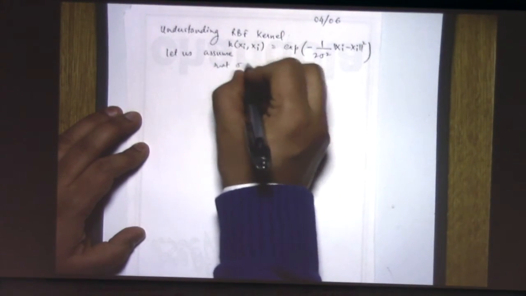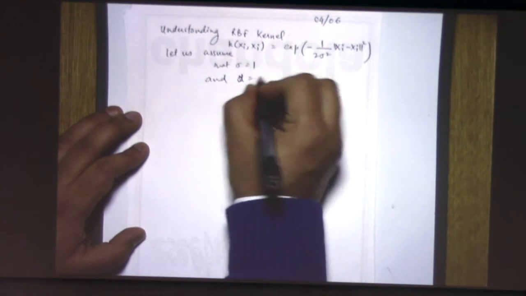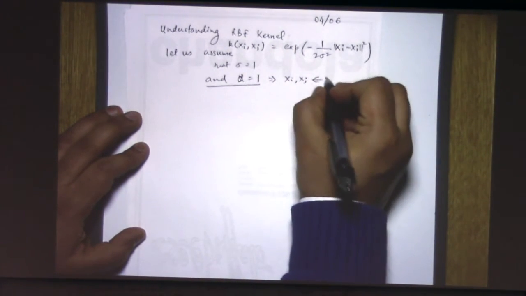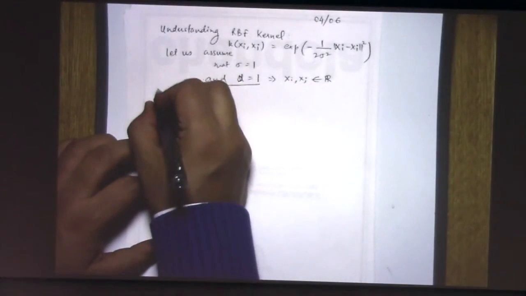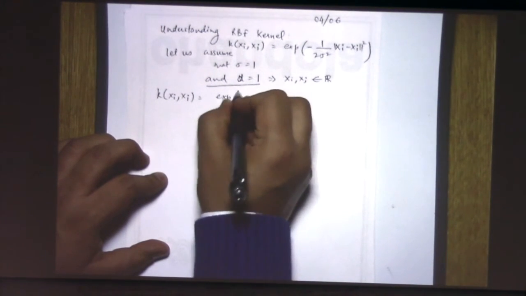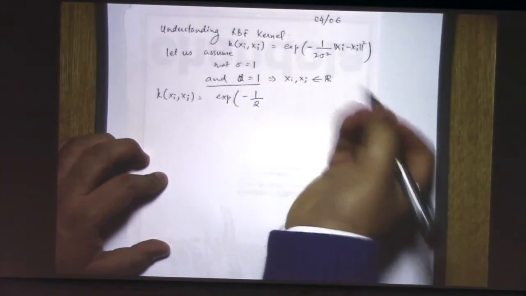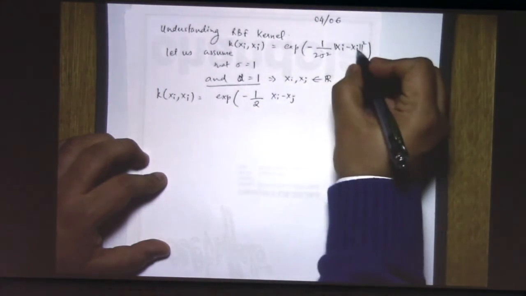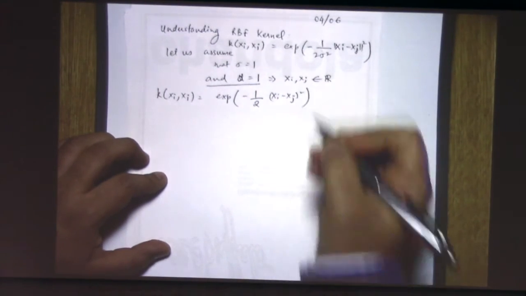However, let us assume that sigma is equal to 1 and d is also 1, which implies that xi and xj both are in one-dimensional space, just for simplicity. So k of xi comma xj can be written as exp of minus 1 over 2, because there's no sigma square, times xi minus xj squared, right?